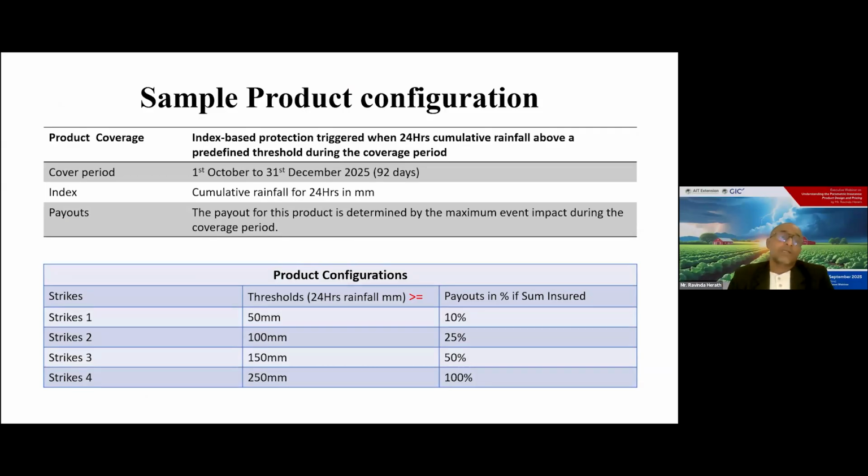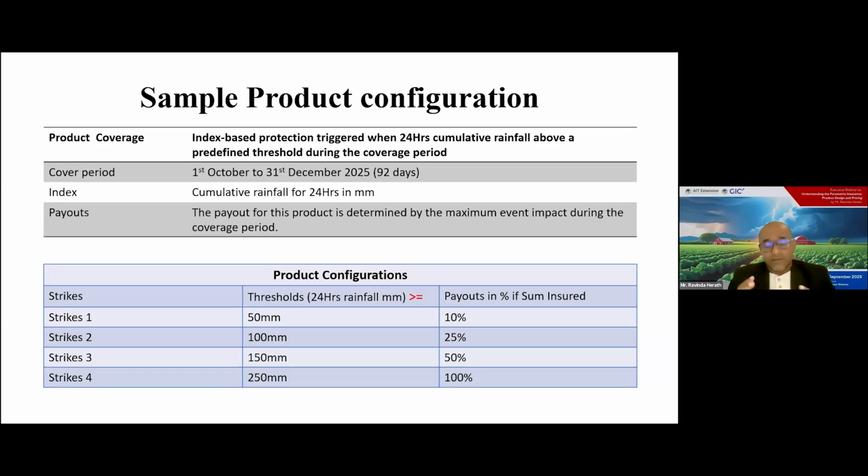Therefore, in this product, there should be the product coverage. Product coverage should be defined very well in the product configuration. And also the cover period. Based on the crop or the client requirement, the cover period may differ.